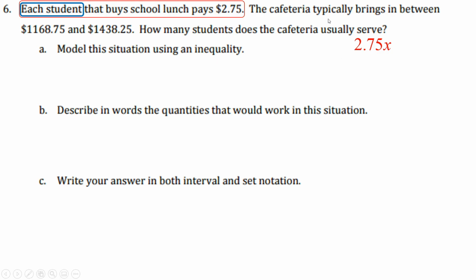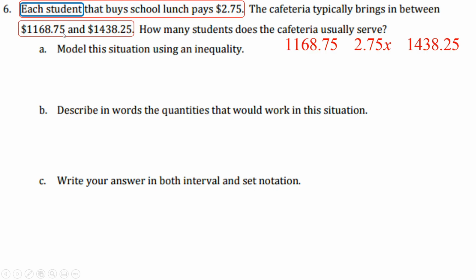The cafeteria typically brings in between $1,168.75. So I'll put that bound over here on the left. And on the right, I have $1,438.25. Let's put that bound on the right. And now brings in between, all right?